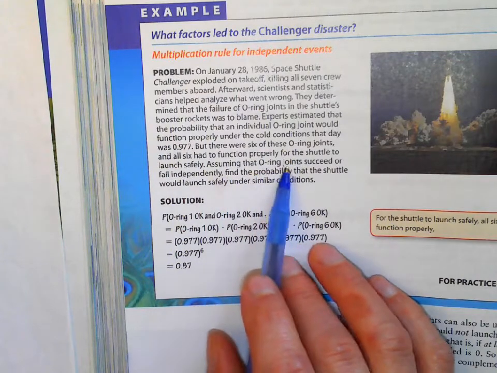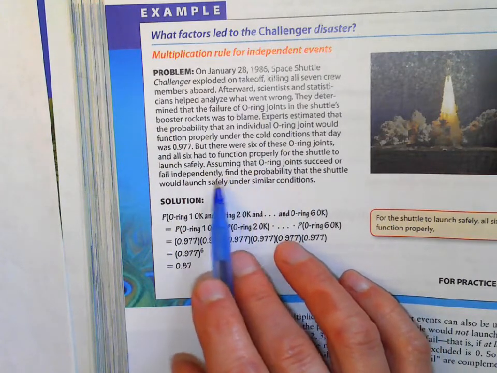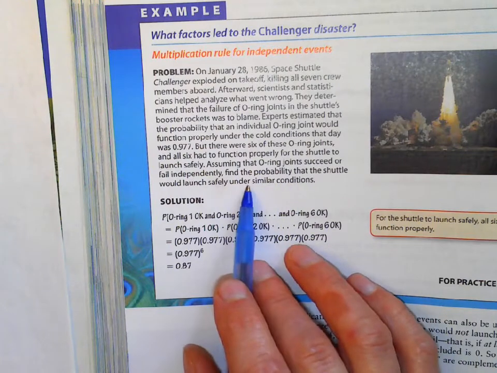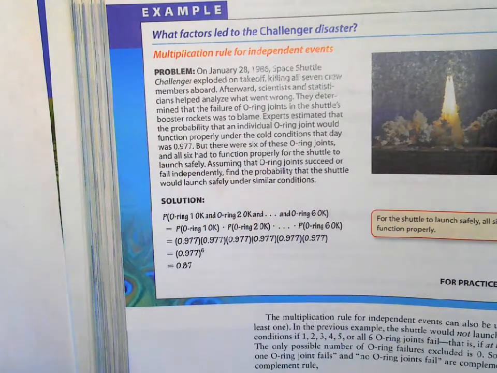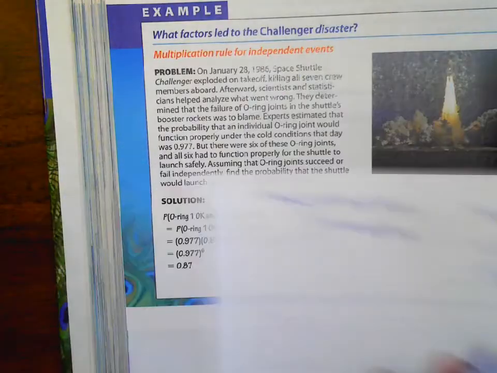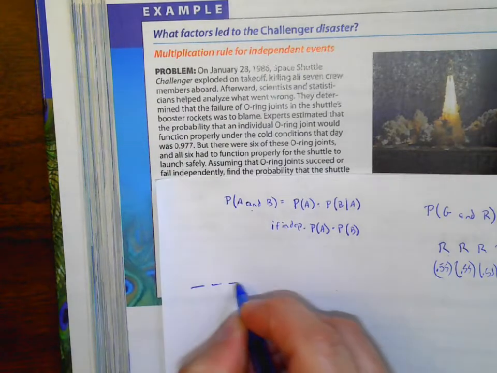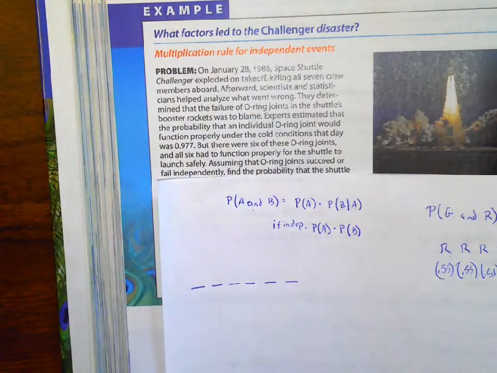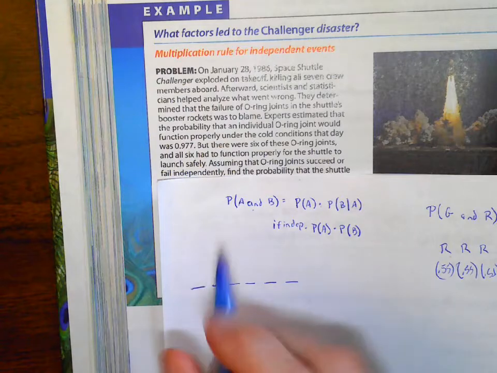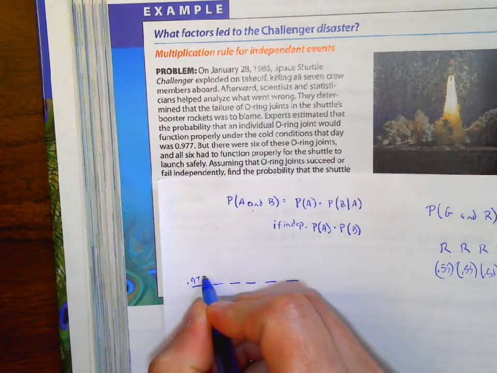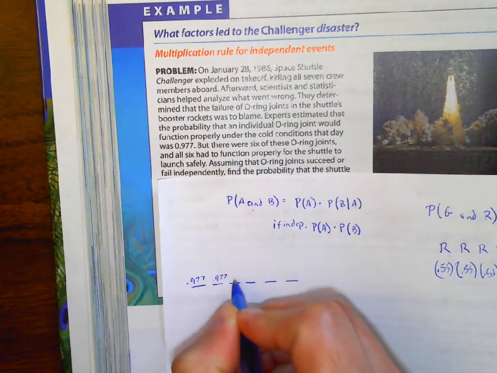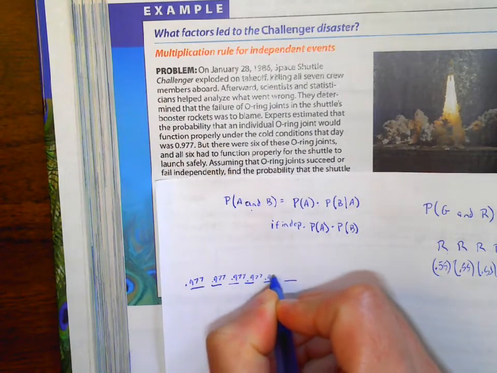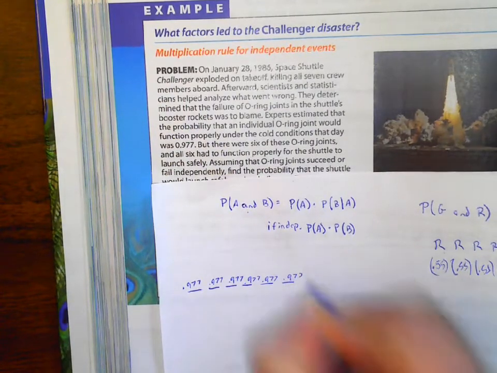Assuming the O-ring joints succeed or fail independently of each other, find the probability that the shuttle would launch safely under those conditions. So safely meant that we have 6 O-rings, and each of those has to be successful. So 0.977 times 0.977 times 0.977 times 0.977, and so on, we multiply those all together.